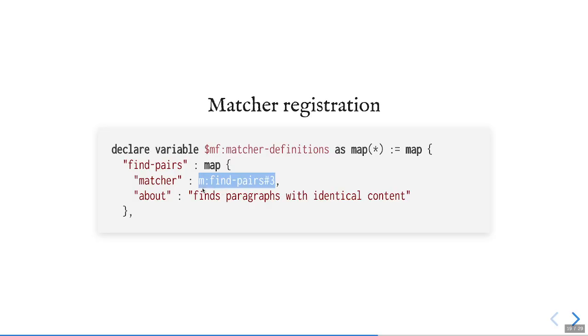In this case, most of the matchers are in the M module, and find pairs with 3 arguments is all of the matchers are like that. I'll explain that in a minute. And about finds paragraphs with identical content. That's there so that you can get a list of all the matchers and a short description of each of them.